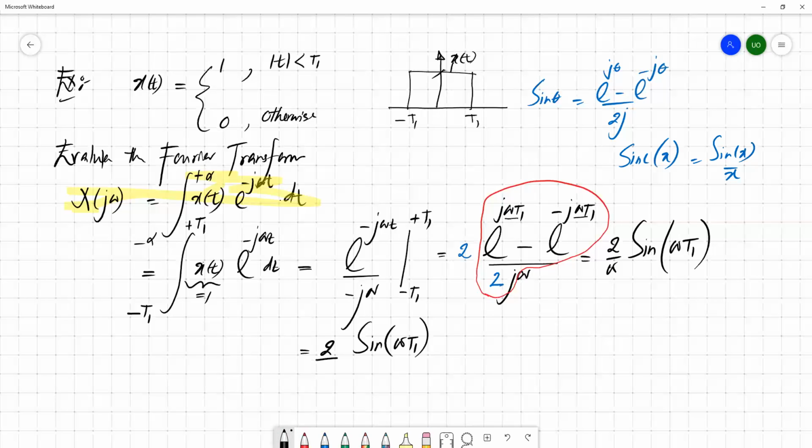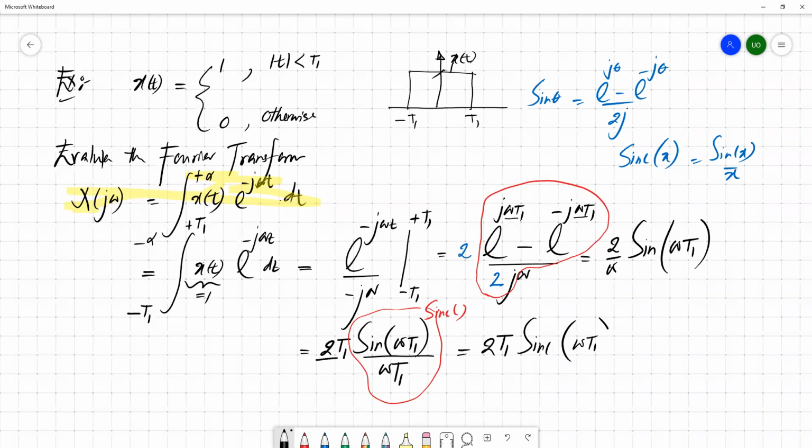In addition, we need to put t1 here to make it a sinc function. So to remove this t1, we have to add t1 here. So then 2 t1. So this becomes sinc omega t1.